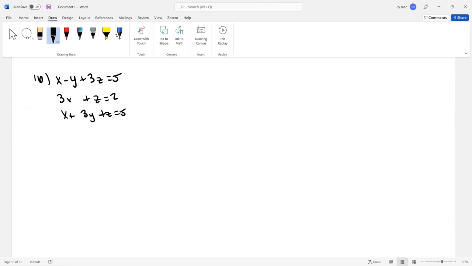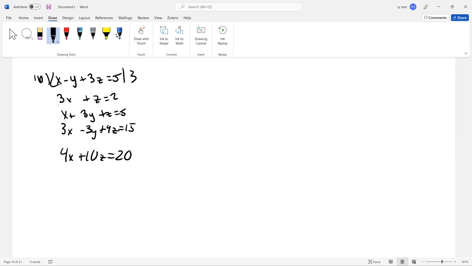Before I can do that, though, I'll have to multiply the top equation by 3 just so that my y's will cancel. So I'm going to do that and put it up below. So I get 3x minus 3y plus 9z is equal to 15. And then adding that together, I get 4x, my y's cancel, plus 10z is equal to 20.